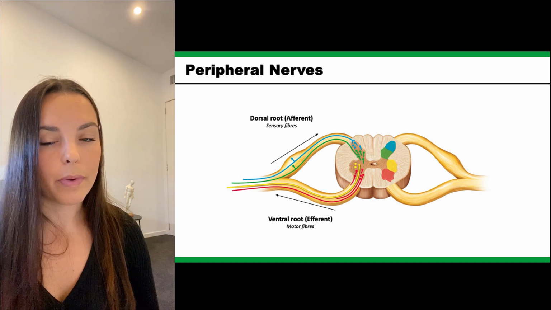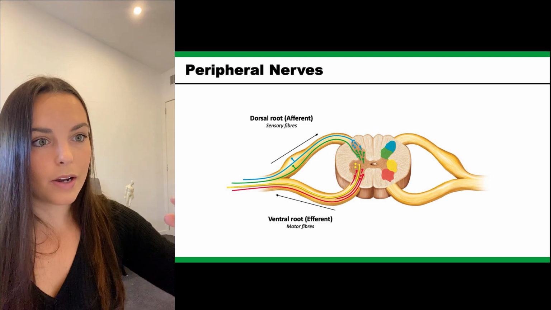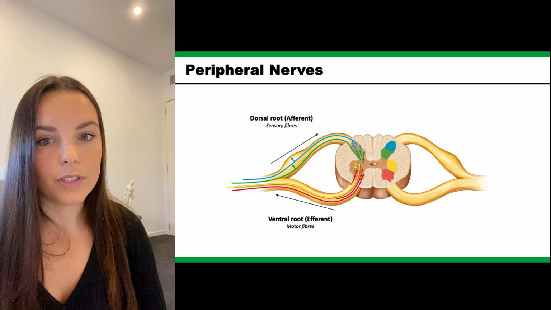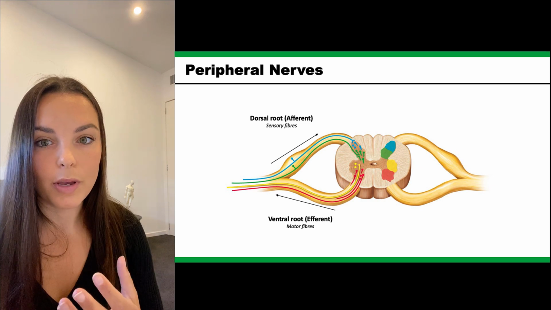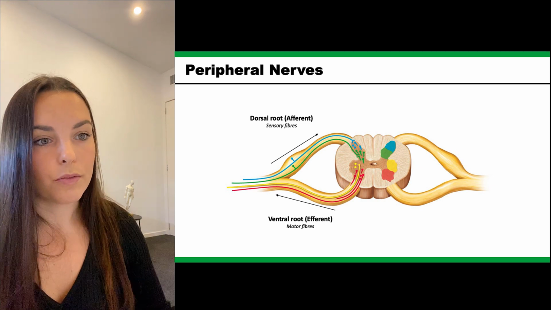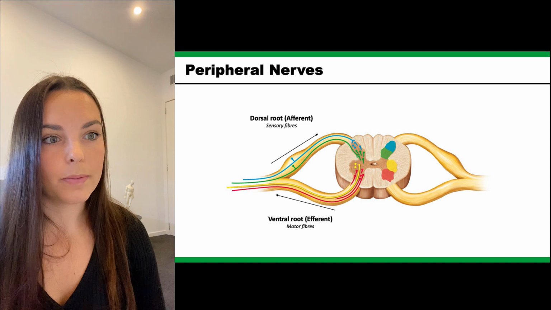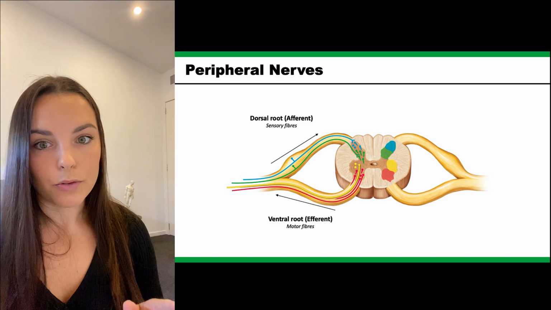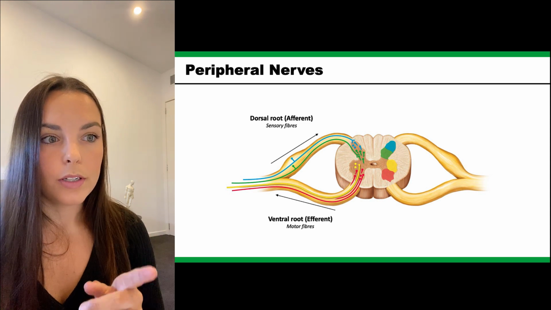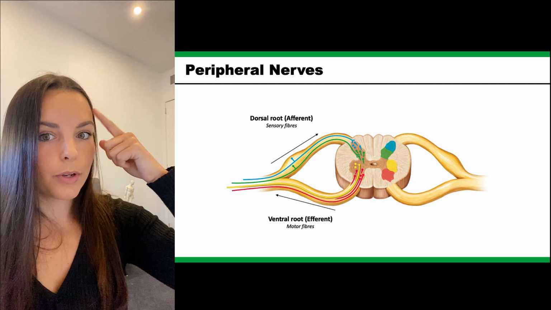They get innervated by these motor fibers. So this is how this receiving of information, then the integration, then the response works in the spinal nerves. Now, something important to mention is that most of this is going on in the brain.